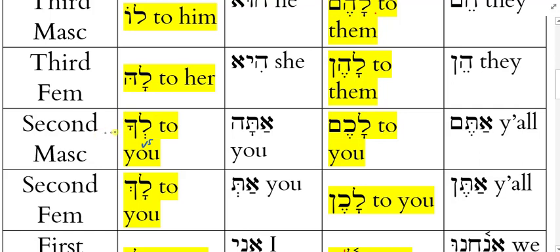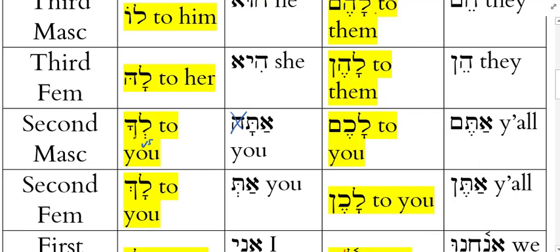Sometimes you might see the hey missing, and then you could have ata where it's just a kametz at the end, defectively spelled. The other difference is that this is a kaf and this is a tav, right? The tav is for when the pronoun can be a subject, and the kaf is for when the pronoun is functioning as something besides the subject. Here it's the object of the preposition.